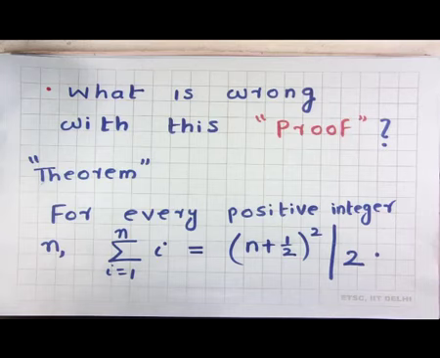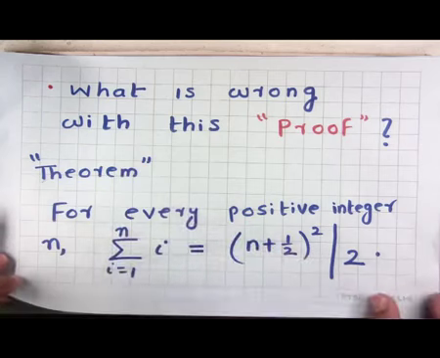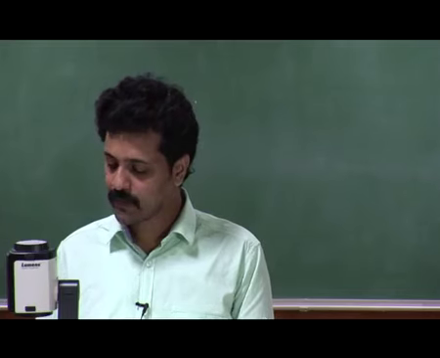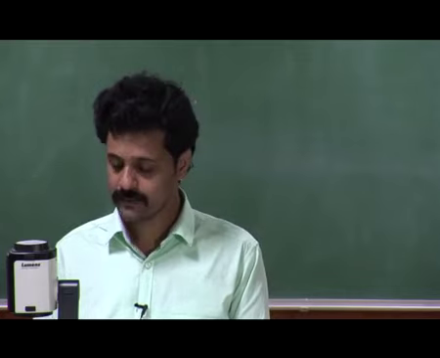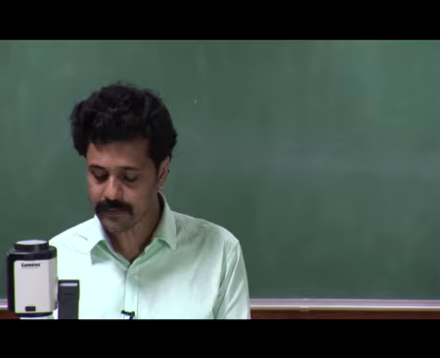Recall we proved the correct statement for the sum of the first n natural numbers. Here there is a false statement, but for the time being let me call it a theorem. Now, I am trying to employ mathematical induction to establish this so-called theorem.